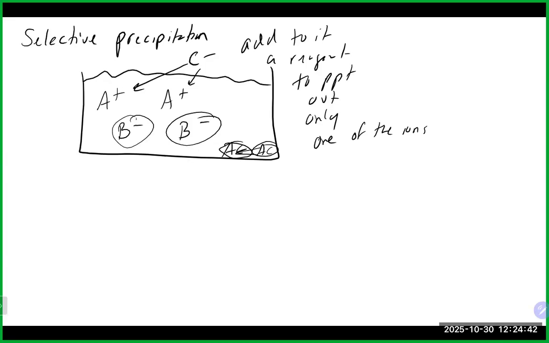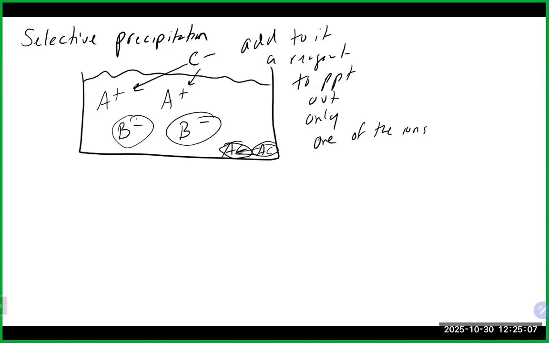And you can use KSP to help you figure out what concentration do I need to use for that precipitating reagent? Like C would be our precipitating reagent here, the thing we're adding to precipitate out some ion. You could use solubility rules to figure out what you should add to cause a precipitate to form.